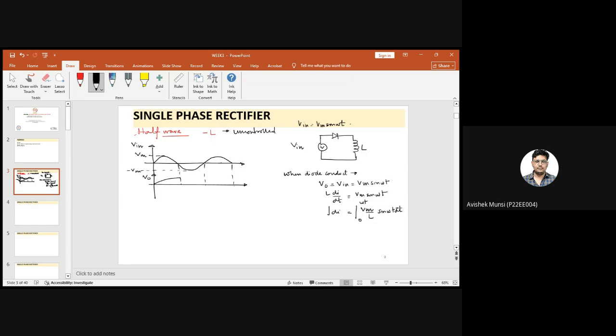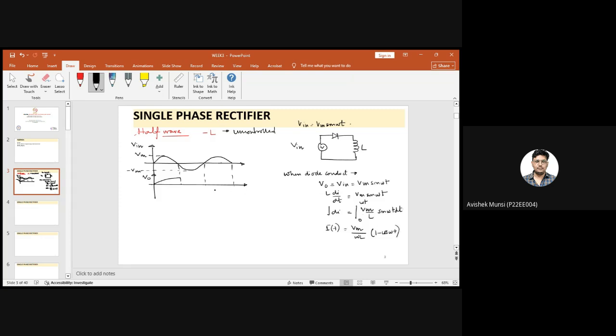Right? Is it clear? Any doubt? So the current for the first half cycle will be Vm by omega L times (1 minus cos omega t).